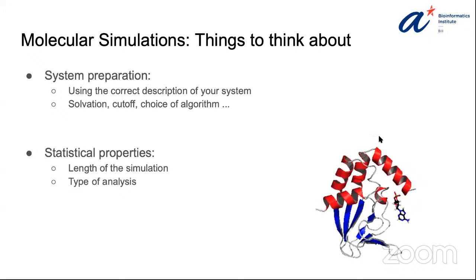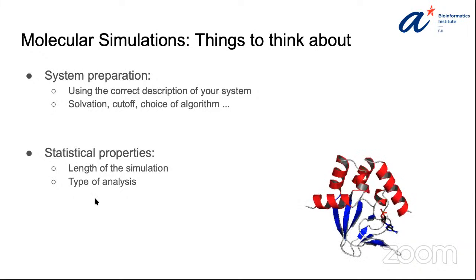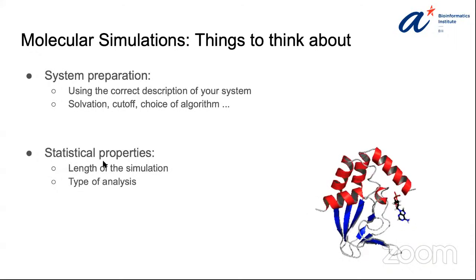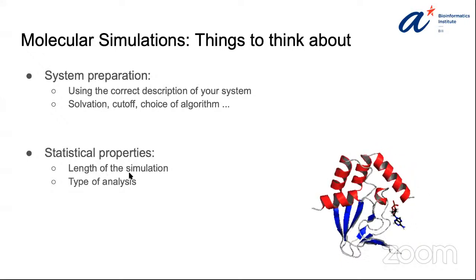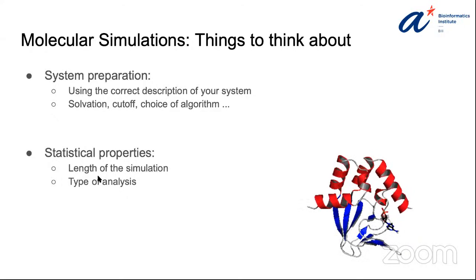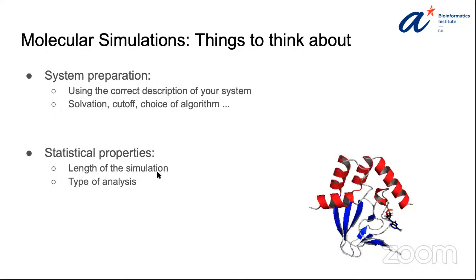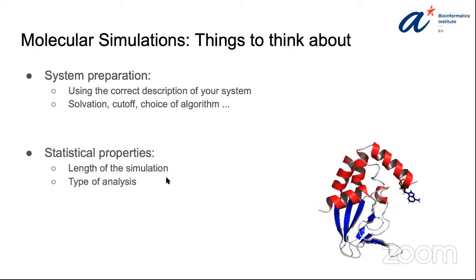This kind of structural conformational change requires large scale simulations. Okay. So to derive any kind of statistical and thermodynamical properties from your system, you will have to make sure how sensitive the analysis that you're doing is to the length of the simulation.